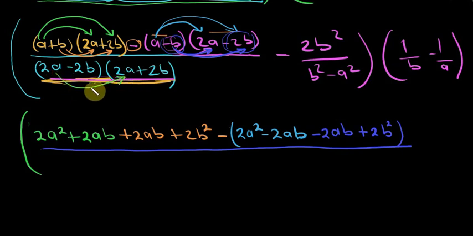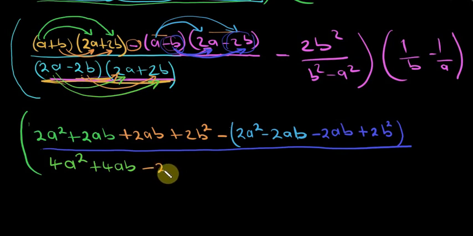2a multiplied by 2a, again 2a multiplied by 2b, so that will be 4a squared plus 4ab, and minus 2b multiplied by 2a, and again multiplied by 2b, minus 4ab and minus 4b squared.